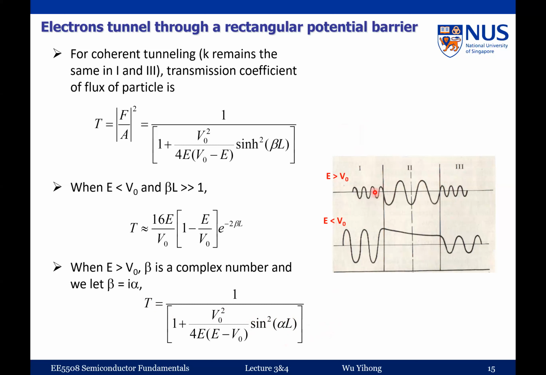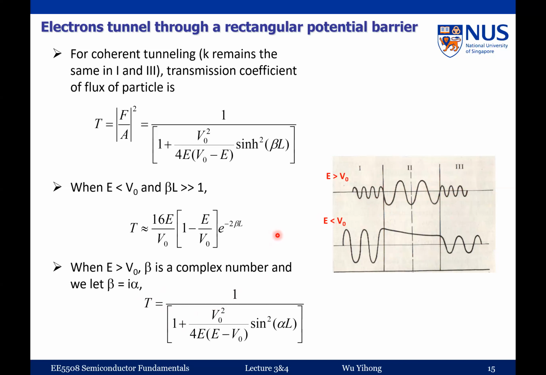So pi and pi give you 2 pi. Once you have a 2 pi phase difference between the forward wave and the reflected wave, you have this phase matching condition, and resonant transmission, and then T will be 1. This means all the electrons will go through.